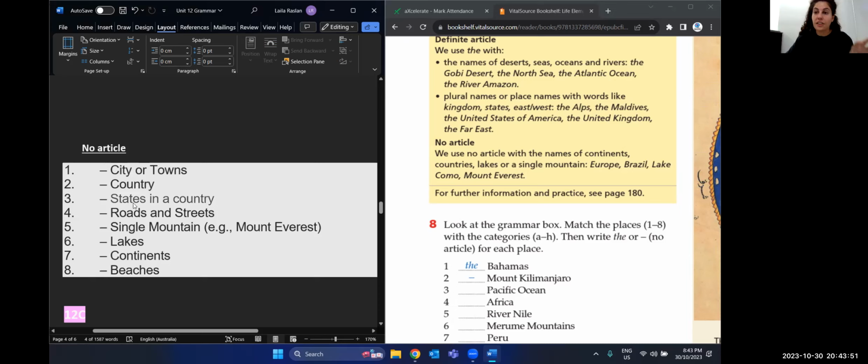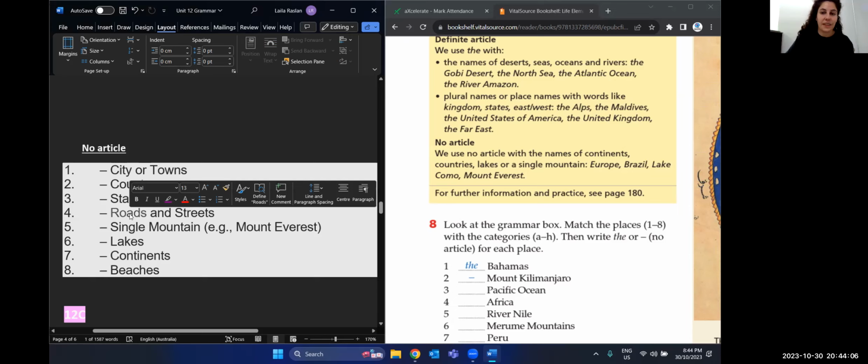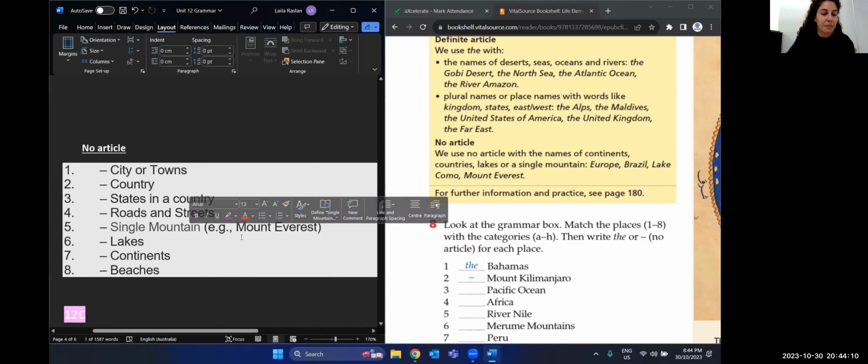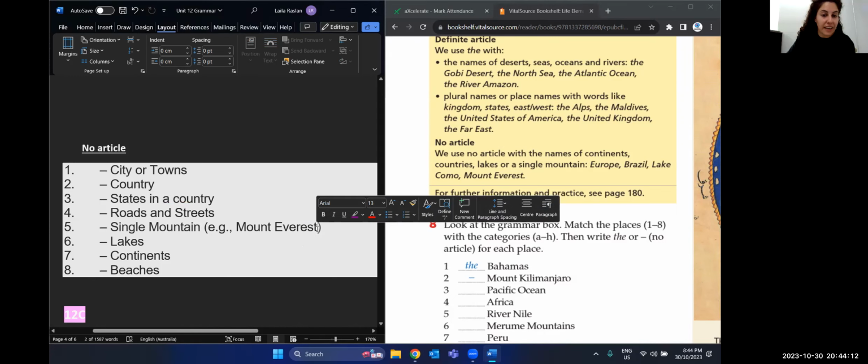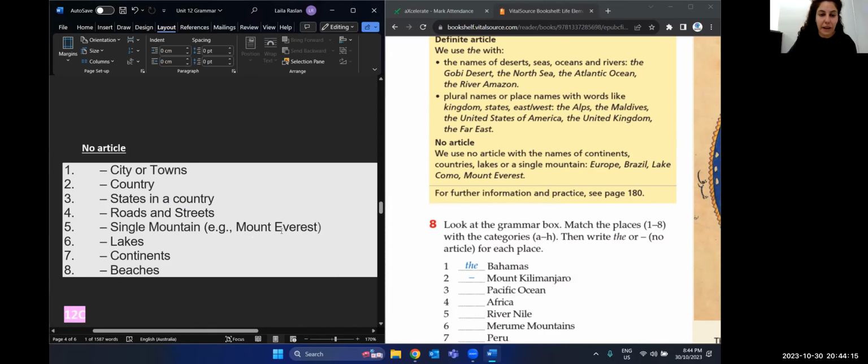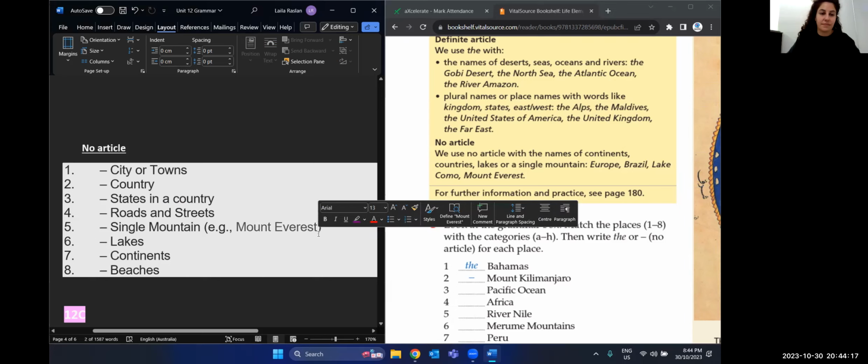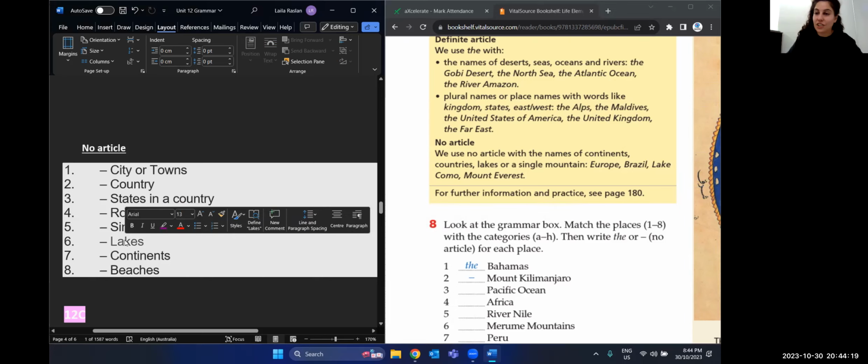Like I don't say the South Australia, I say South Australia. If you have a name of a road, it's just whatever the name of the road is. So Peary Street, Guja Street, Port Road. If you have the name of a mountain, but there's no S, you don't say the, so it's just Mount Everest. Lakes, you don't say the.